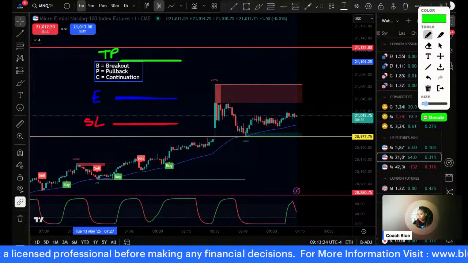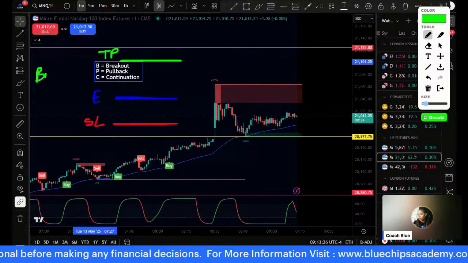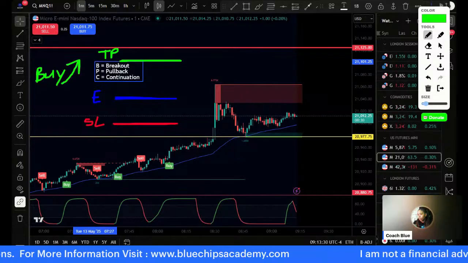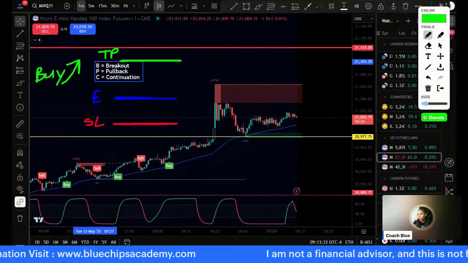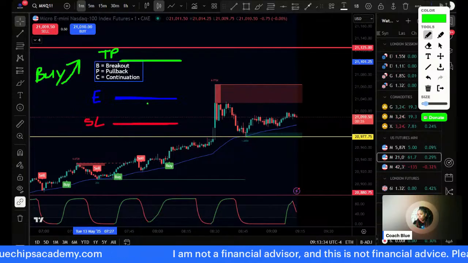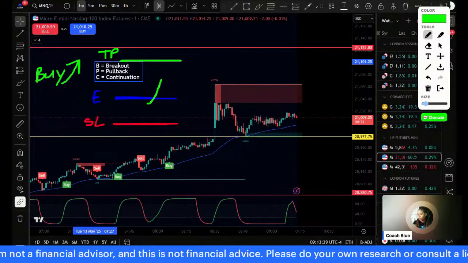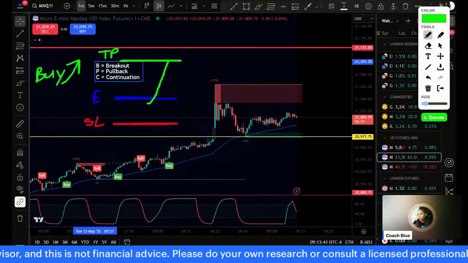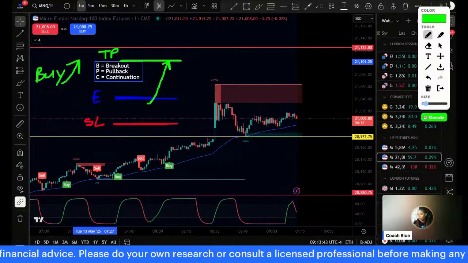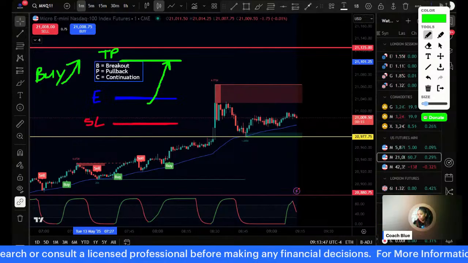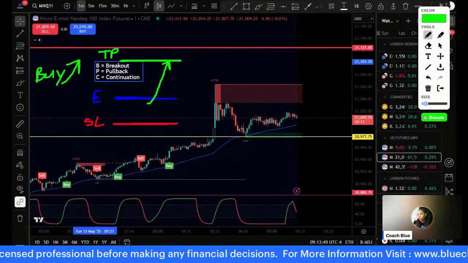Now, when you are looking for a buy, we already know we want price to move up. Okay. So if price moves past my entry line, I am moving into more profit. The further away I am from my entry line, the more profit I earn.